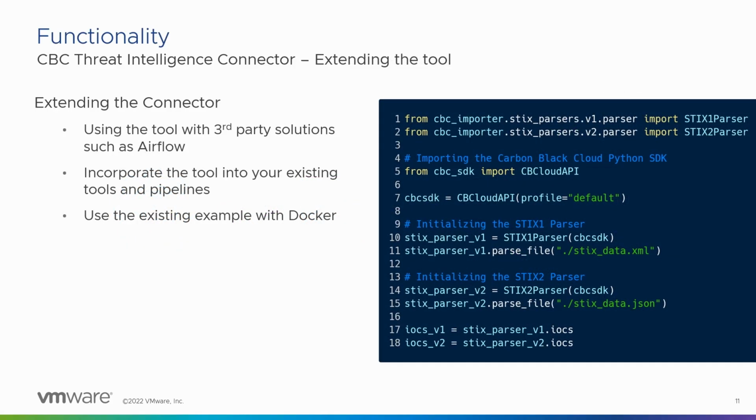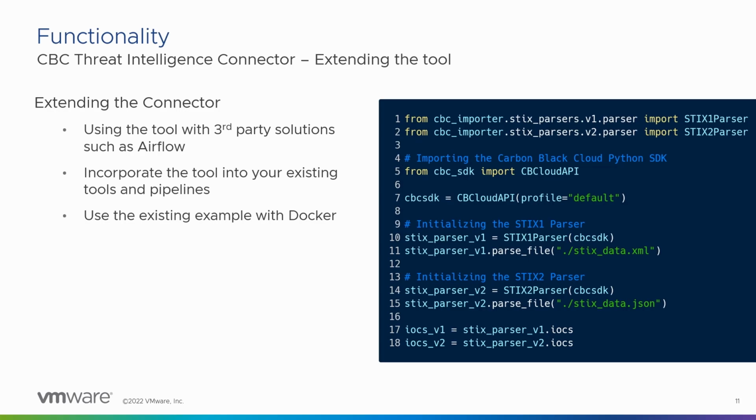So here is how to extend the tool. It's rather simple. You can use the tool with third-party solutions such as Airflow. You can use the module to create Airflow DAGs or Airflow operators, and you can configure it with Airflow. You can incorporate the tool into your existing tools and pipelines.